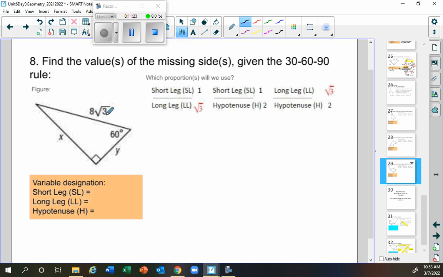First off, we have to figure out what's what. So, where's our hypotenuse? That's our hypotenuse up here. Okay, which one's a long leg, X or the Y? Long leg is the X. And then Y is on.